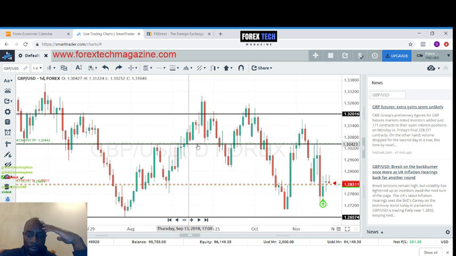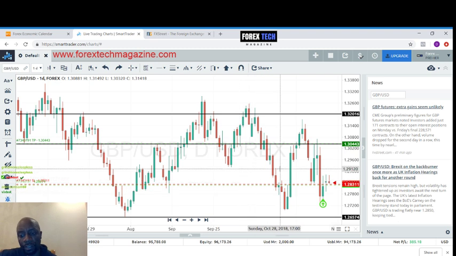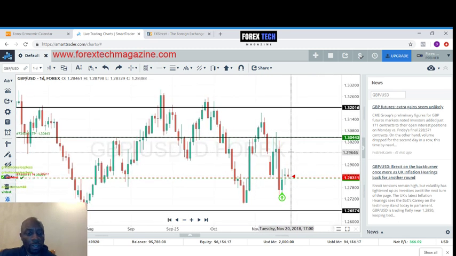This is a minor support/resistance type level here. We could come in here and put another minor support/resistance level here, or maybe even bring it down a little bit lower. But we're not going to do that right now. We're just going to leave it as is and let the chart tell us what's happening.